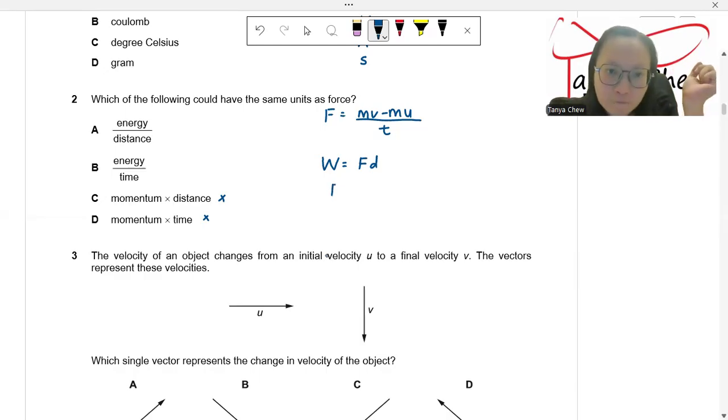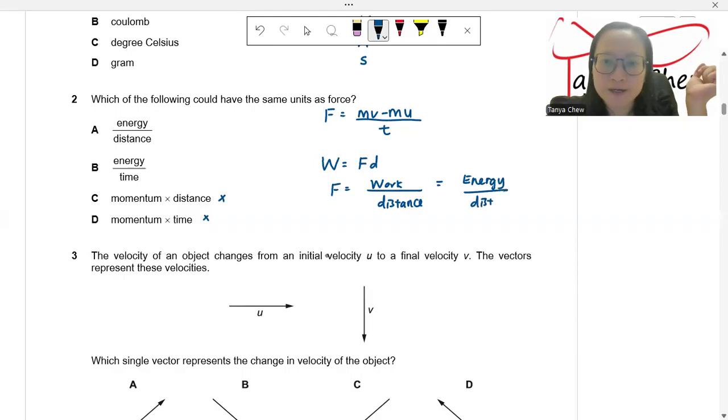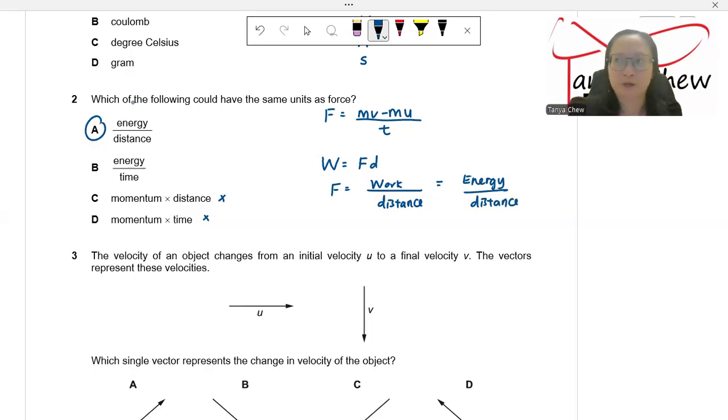Force, in this case, is equal to work divided by distance, or in other words, because energy is equivalent to work, you can put energy per distance. That is also equal to force. A is the answer.